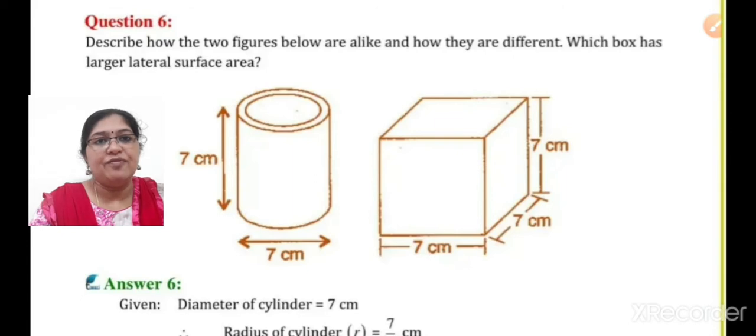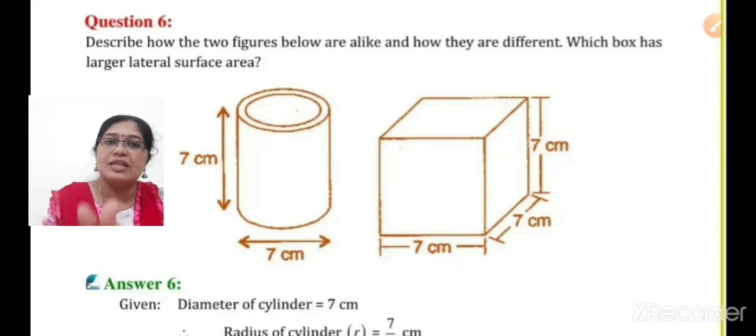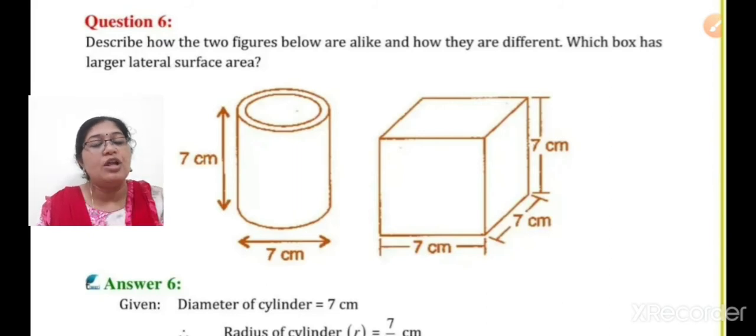So which one will have the larger surface area? We'll see. What is the lateral surface area of a cylinder? I told you at the beginning of this chapter that the area of the base into height is the volume. In the same way, the perimeter of the base, or for a cylinder the circumference, into height is the lateral surface area.